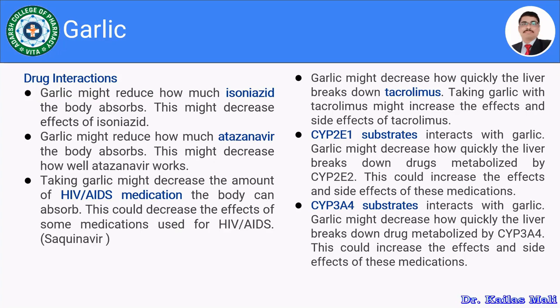Isoniazide is used as an anti-tubercular drug in patients with tuberculosis. If we are consuming garlic along with medications like isoniazide, there is a reduction in the blood levels of isoniazide due to decreased absorption, and the effects of isoniazide are going to be reduced.